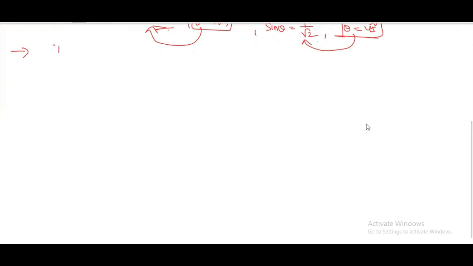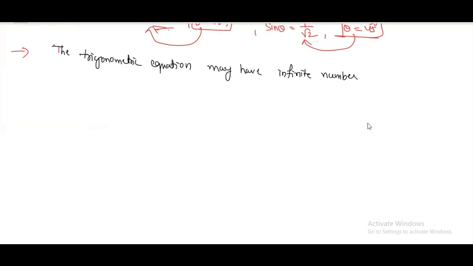So the trigonometric equations may have an infinite number of solutions. Based on this, we can categorize two types of solutions. One is the principal solution, and another one is the general solution.